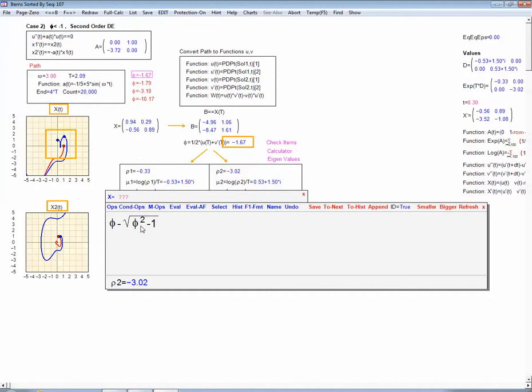If this is negative and we take away something else that's negative, we end up with something that's more negative. Now, why do we insist that phi be less than -1? Well, that comes into play right here. If that weren't the case, then phi squared -1 would be a negative number, and this whole thing would come out to be a complex number.